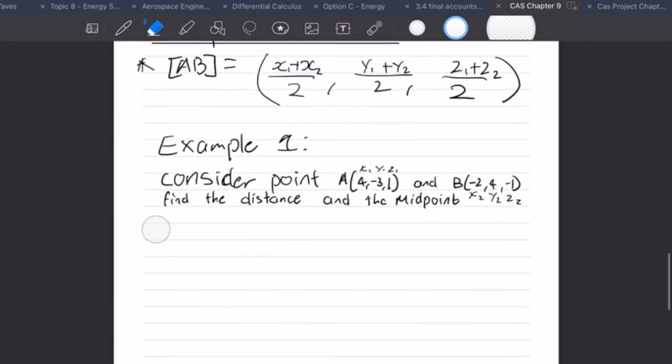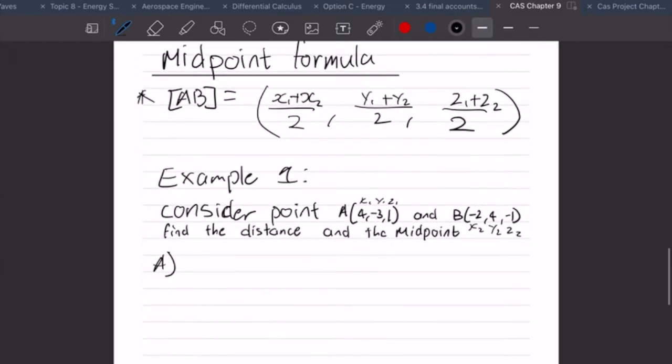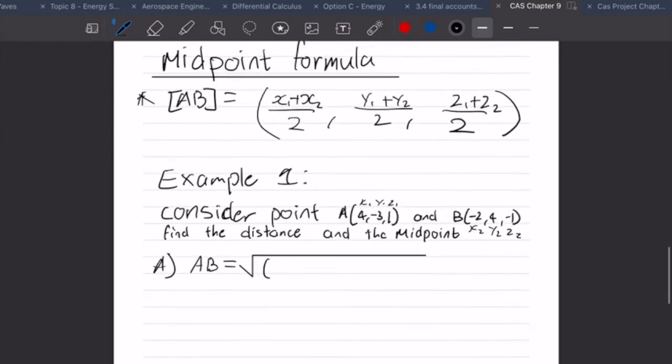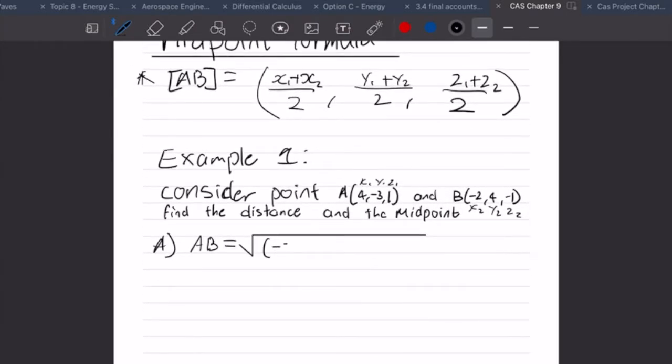So to find the distance, we'll use the formula from above. Line AB will equal the square root of x2 minus x1 squared, plus y2 minus y1 the whole squared, plus z2 minus z1 the whole squared.